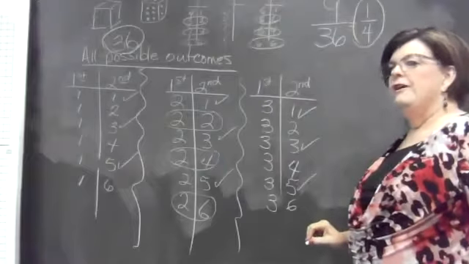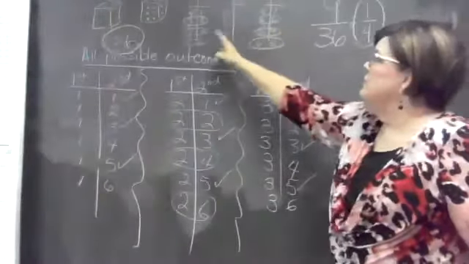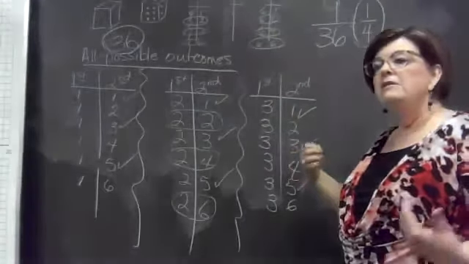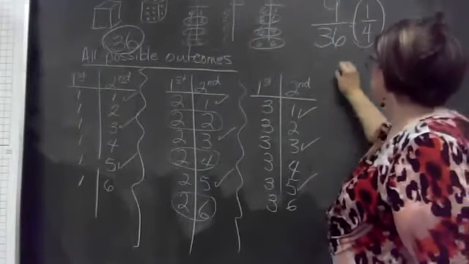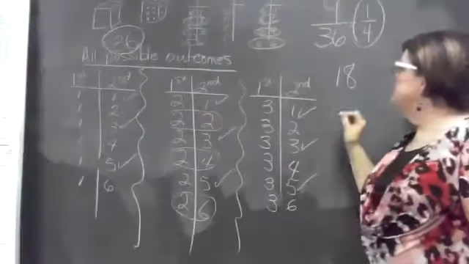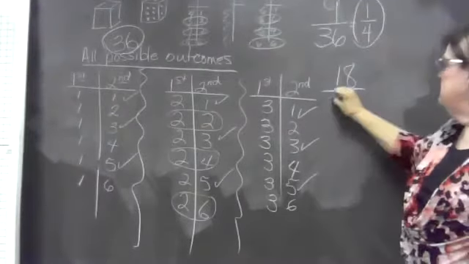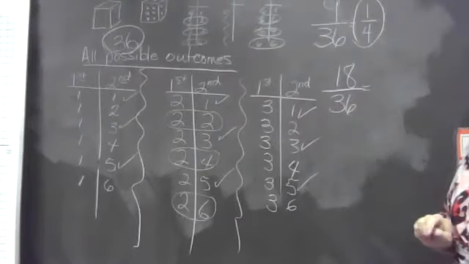We can see a pattern, right? There's 3 there, 3 there, 3 there. There's going to be 3 here, 3 here, and 3 here, right? So how many is that? 18. So I have 18 out of 36, which will simplify to 1/2.